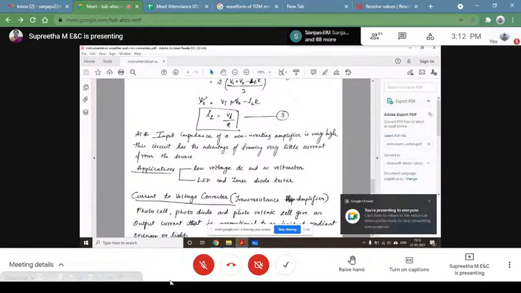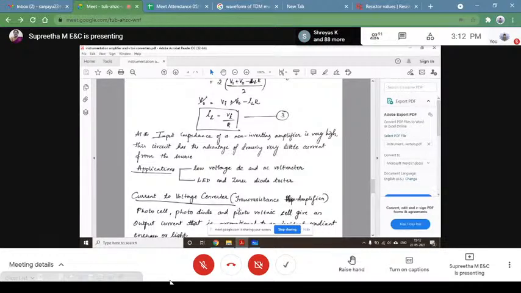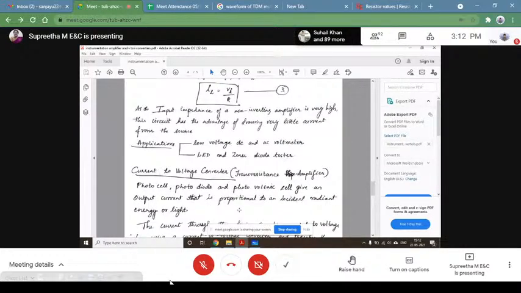So again, where do we use these current to voltage converters? Photocells, photodiodes and photovoltaic cells give you an output current which needs to be converted into a voltage. This output current is proportional to the incident radiant energy or light.